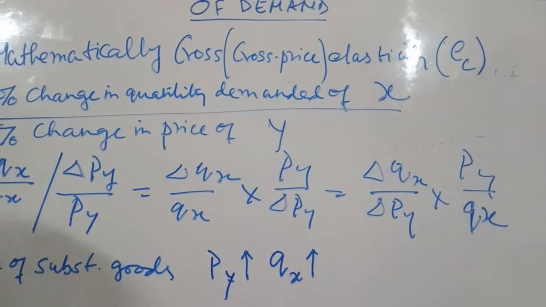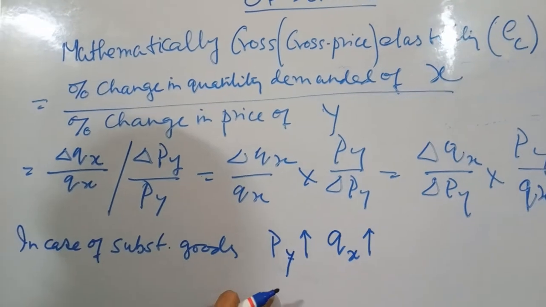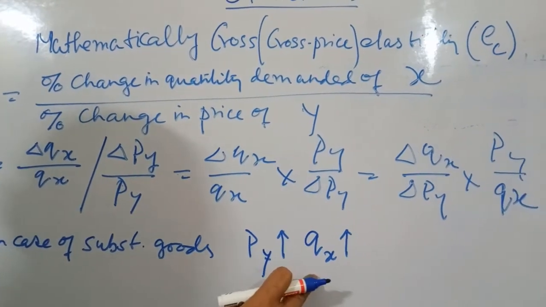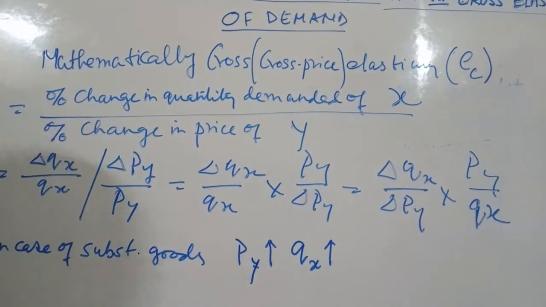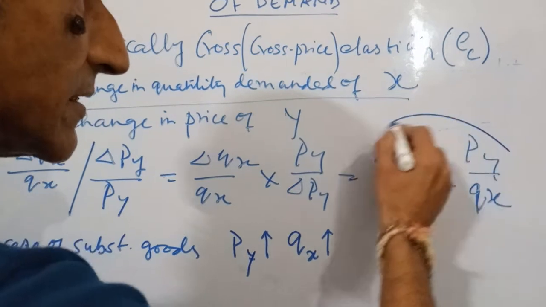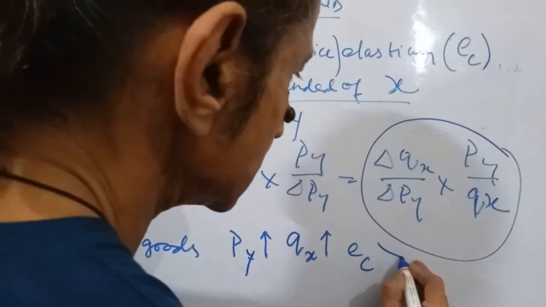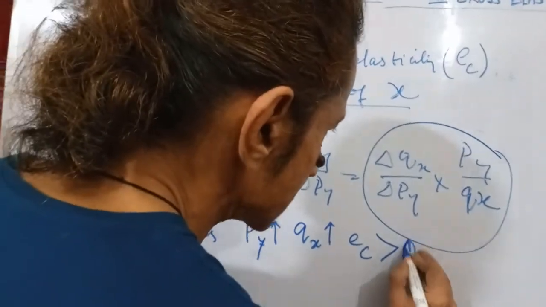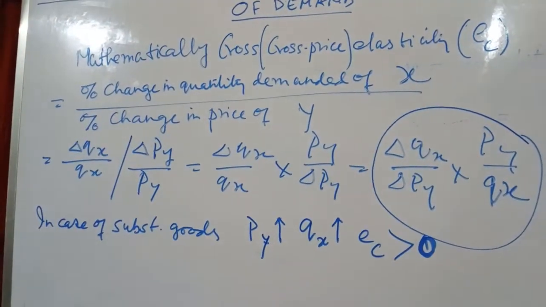So if price of Y increases, consumer will shift to commodity X, so quantity demanded of commodity X will rise. So in case of substitute goods, elasticity is positive. Elasticity is greater than 0. Correct?